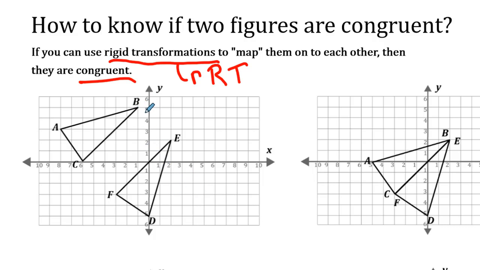So the first step that I would do here, I would notice that, hey, look at vertex B and look at vertex E. I think I can get those two points together. So that would be a translation of 1, 2, 3, 1, 2, 3. Okay, so a translation, big T, of 3, -3, of triangle ABC will get me over here.